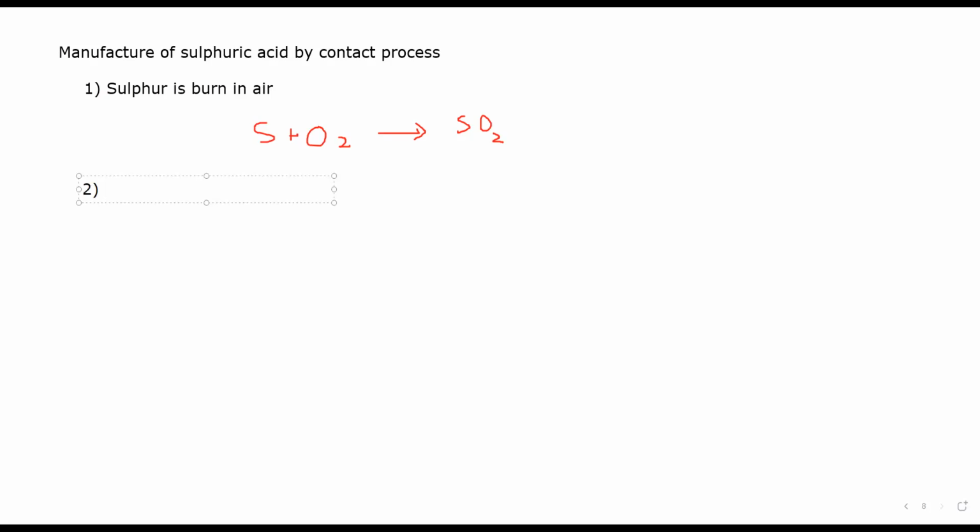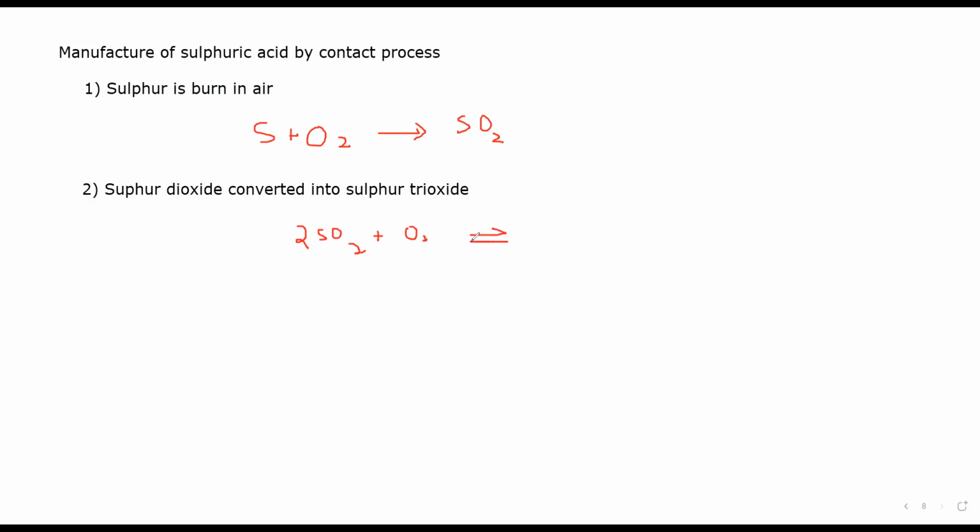The second thing, sulfur dioxide is converted into sulfur trioxide. How is sulfur dioxide converted into sulfur trioxide? The reaction is reversible.